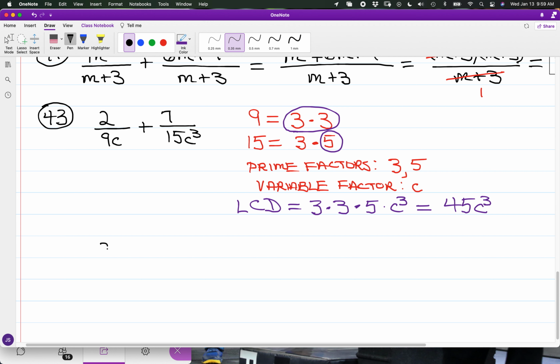And so we have the sum of the terms. I'm going to write both of these in terms of the least common denominator.